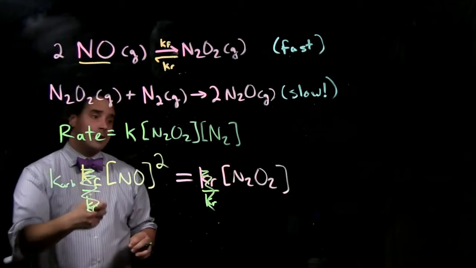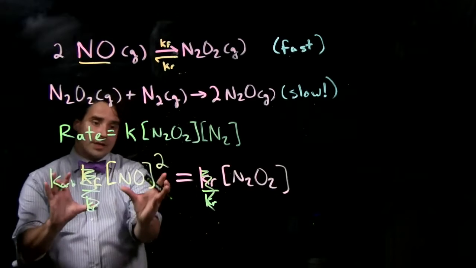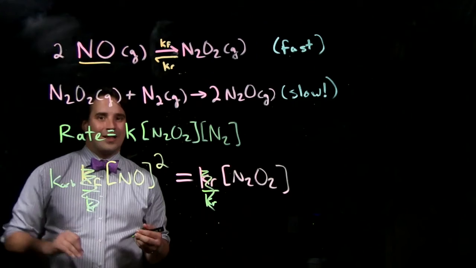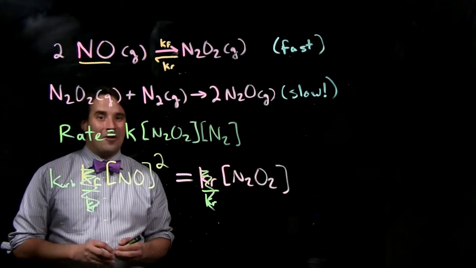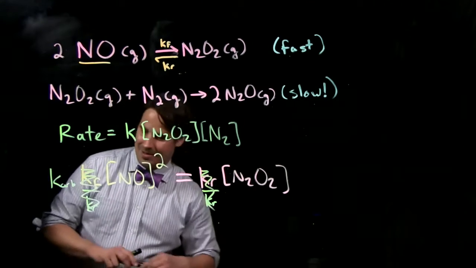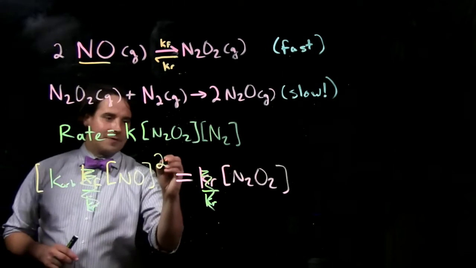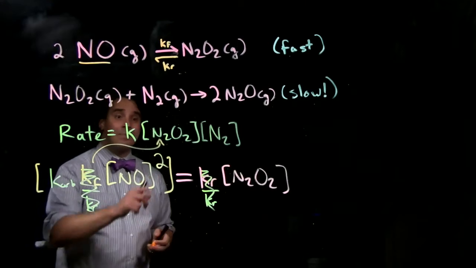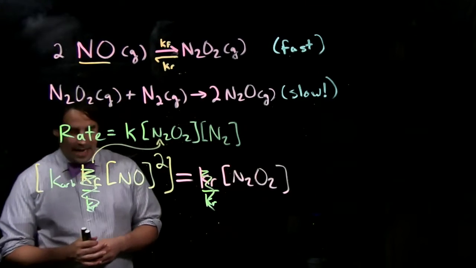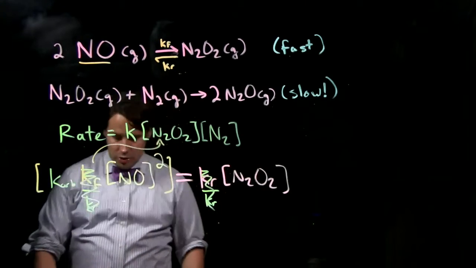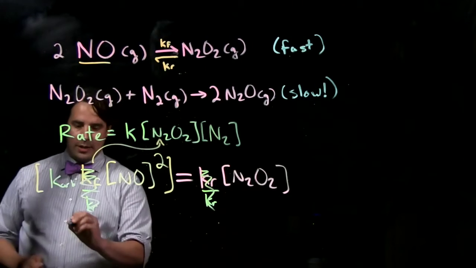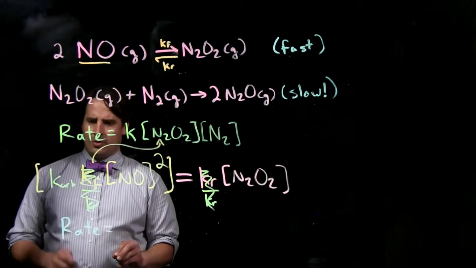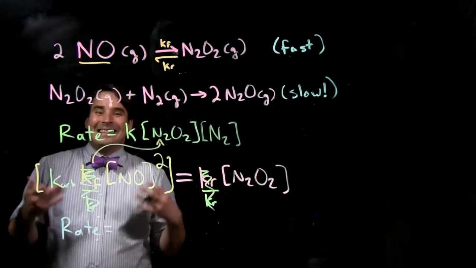Now that we've solved for the intermediate in terms of reactants, what we can do is substitute into our working rate law, and then we'll have a good rate law. So I'm going to take this, plug it in, and substitute it in place of N2O2, and then what we're going to get is our new and improved rate law, which is rate is equal to a constant times a constant, just another constant.